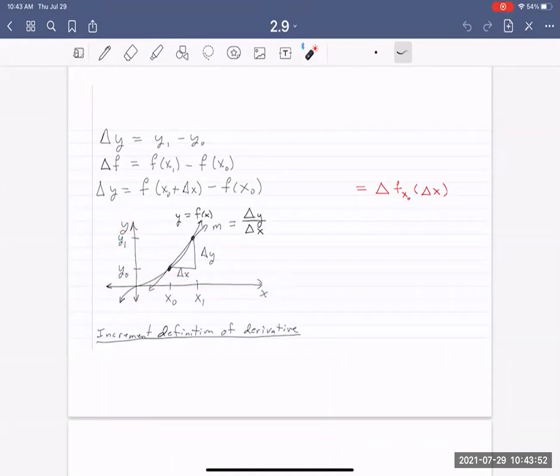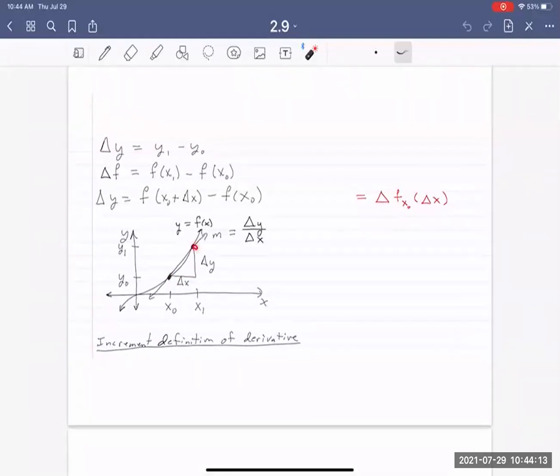Then the secant line through x0, y0 and x1, y1 consists of the change in x and the change in y. The slope of a line is equal to the change in y over the change in x.